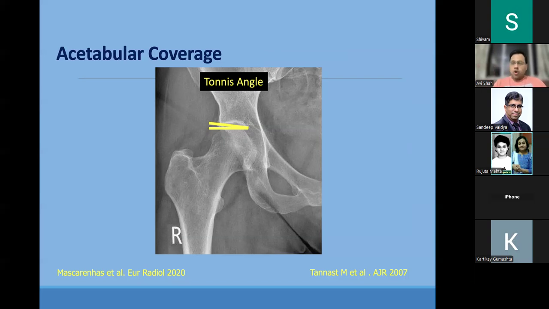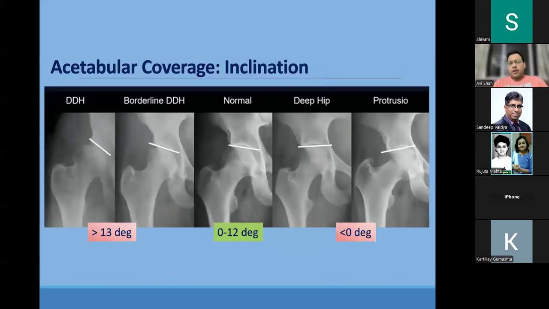You draw a line which connects both ends of the sclerotic line, that is the sourcil, which we were discussing below, and that angle with the horizontal line gives you what is known as the Tönnis angle or the sourcil angle. The range is from 2 to 10 degrees. Anything between that is normal.